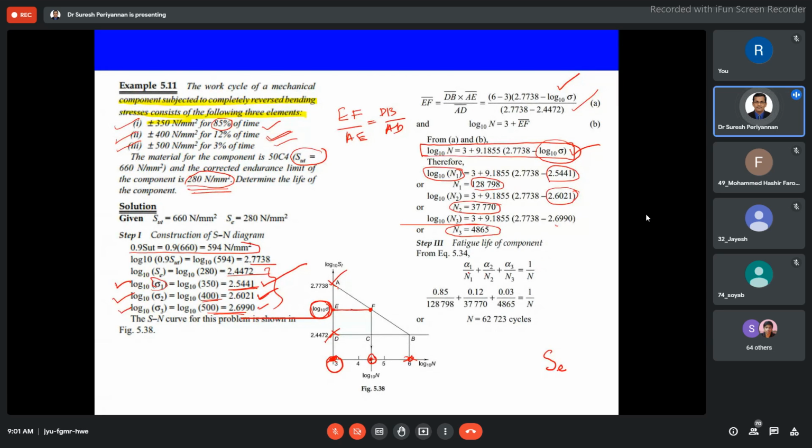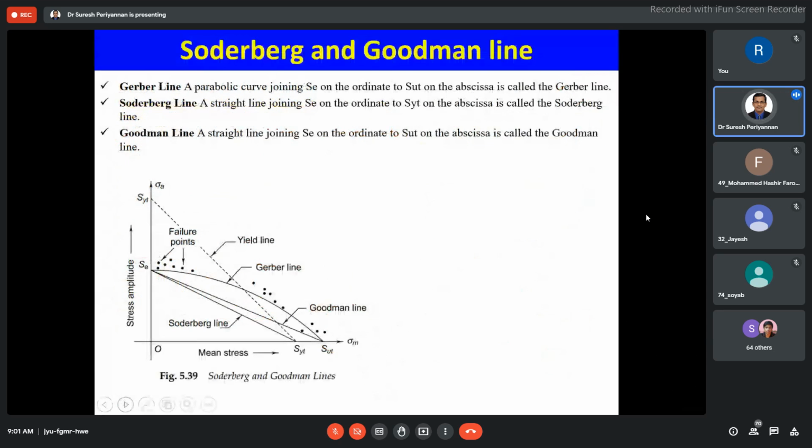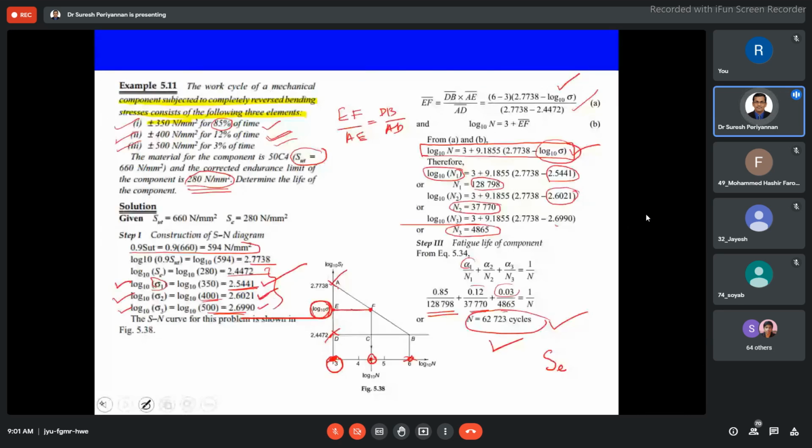Alpha 1 is 0.85 divided by the number of cycles we know, plus 0.12 divided by its number of cycles, plus 0.03 divided by its number of cycles. Then finally, the total life of the component is 62,723 cycles.